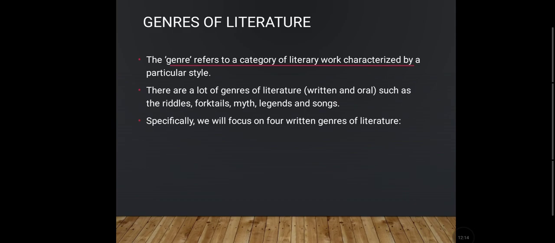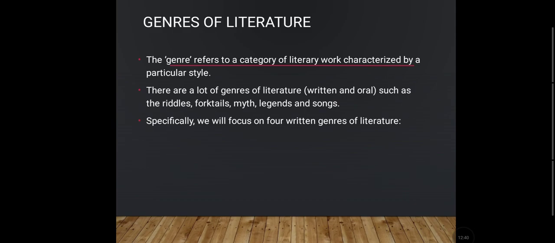But basically, we'll be focusing on four written genres, for the reason that they are the ones commonly used nowadays, and again they are the ones which are examinable. So we might be asked in our exams, which are very important.